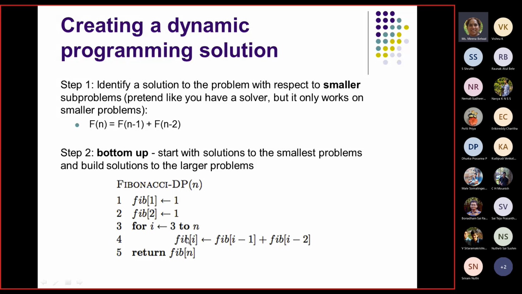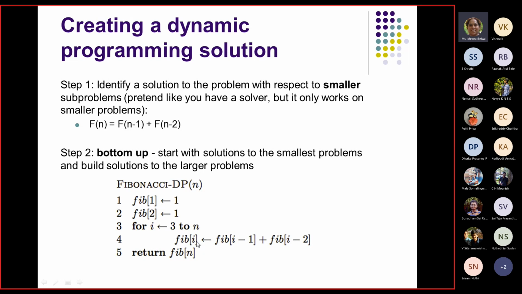Now you see, this will not have the problem that we were facing, that complete binary tree will not happen here. So what we will do is the dynamic Fibonacci, the dynamic programming solution with n. Fibonacci 1 is 1, Fibonacci 2 is 1, and then we have a loop for i equal to 3 to n.